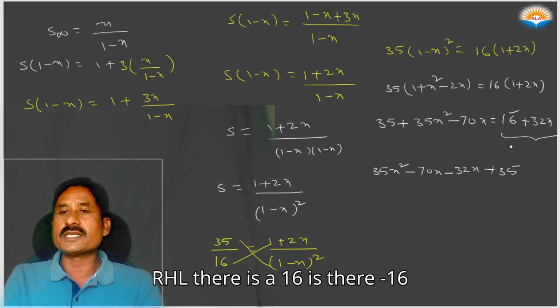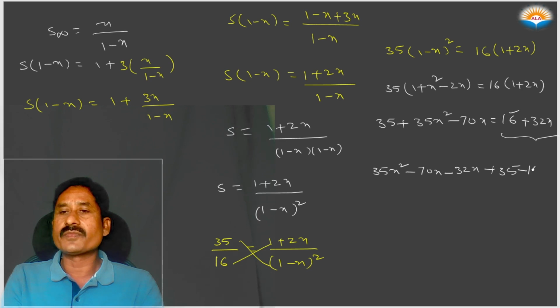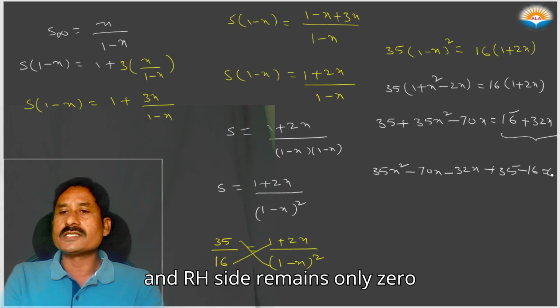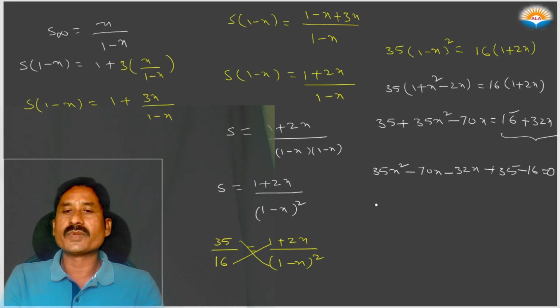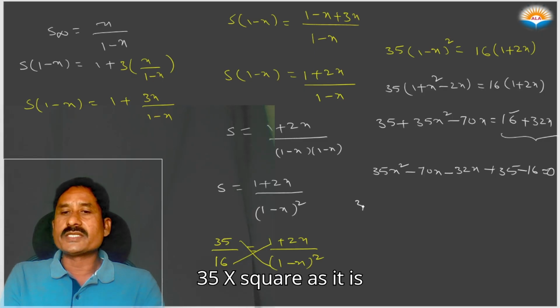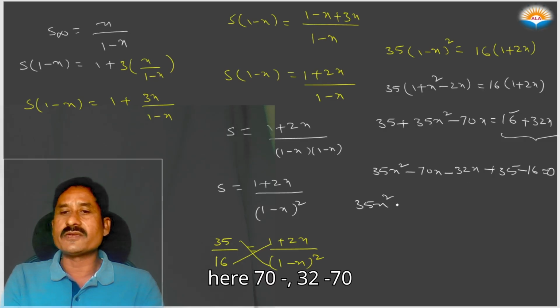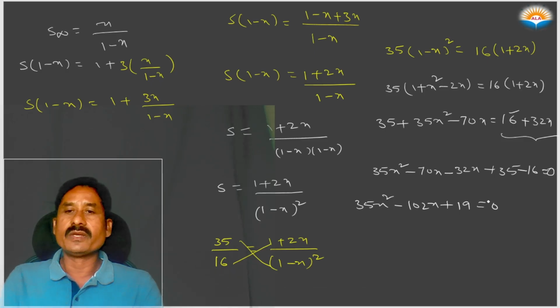On the RHS there is a 16, minus 16, and the RHS side remains only 0. 35x square as it is. Here minus 70 minus 32 is 102x, plus 35 minus 16 is 19, that is equal to 0.